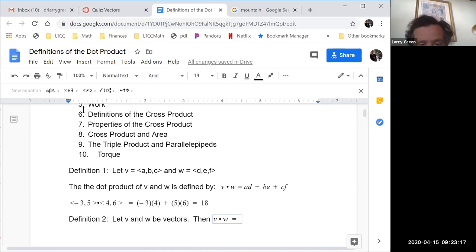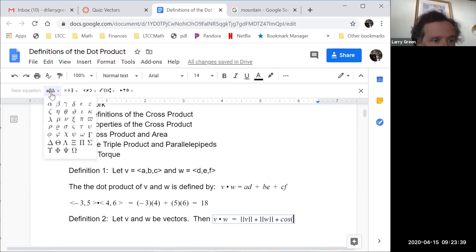So what we can say is that V dot W is equal to the magnitude of V times the magnitude of W times the cosine of the angle between them, which I'm just going to call theta. That's a good letter for angle.